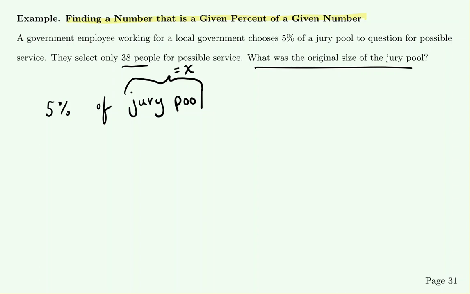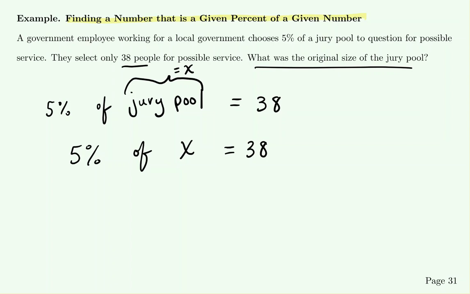Anytime you don't know a certain value and you're going to have to find it, I recommend you give it a variable letter so that you can work with it. In this case, I'm going to call it X. And in the end, 5% of the jury pool was 38. So I could set up this equation. 5% of the number X ends up being 38.